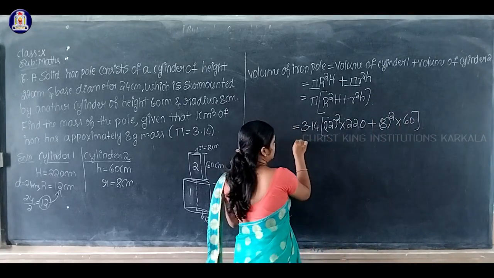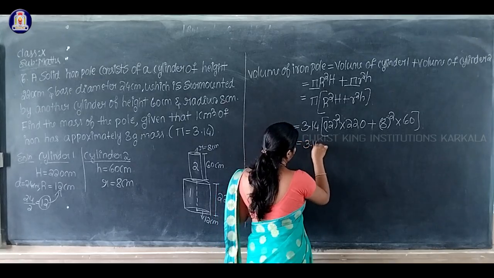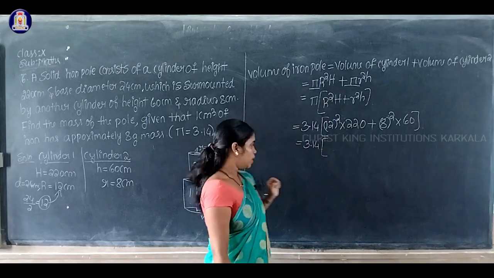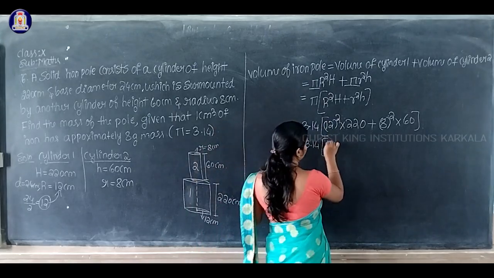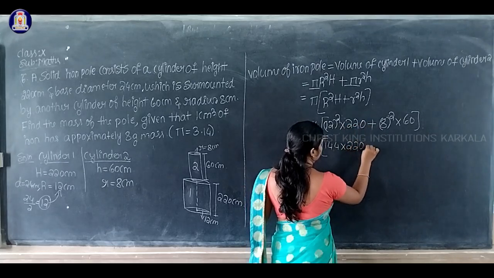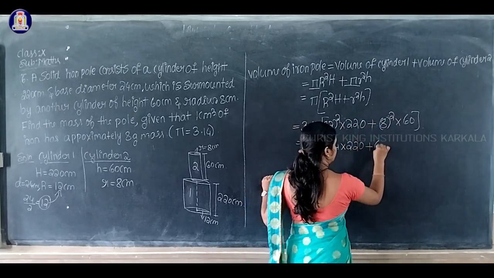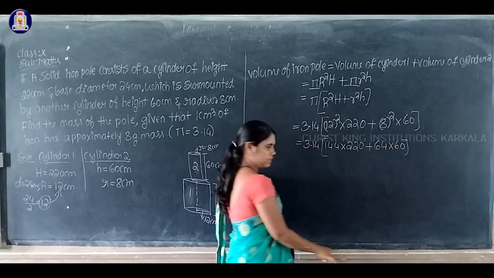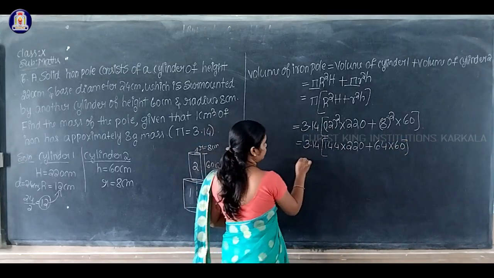So this is 3.14 into 144 into 220 plus 64 into 6.